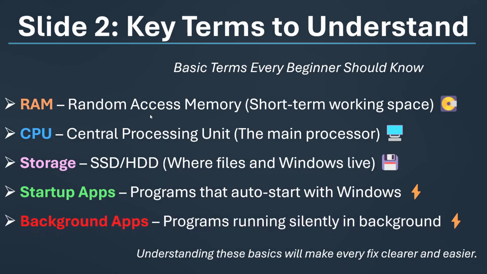These apps run quietly without you noticing. Once you understand these 5 basics, you start seeing your computer differently, not just as a machine, but as a system where every part affects speed and performance. When one part struggles, everything slows down.